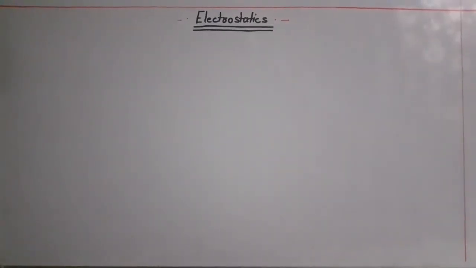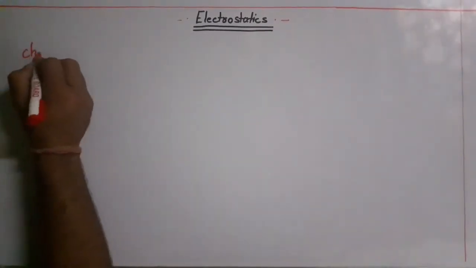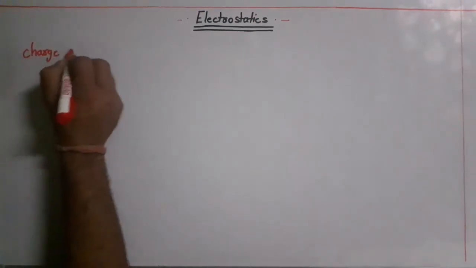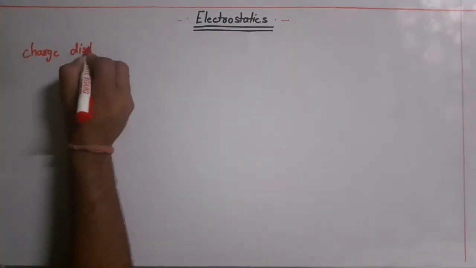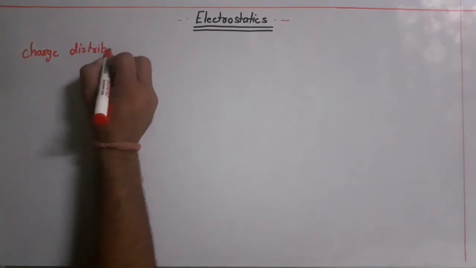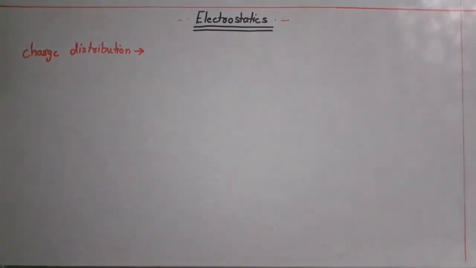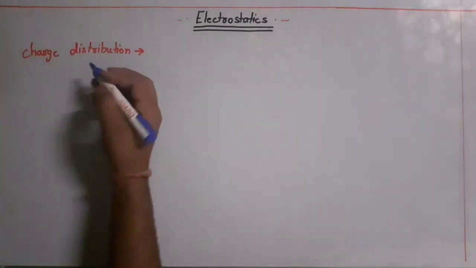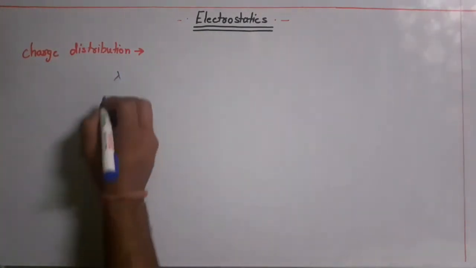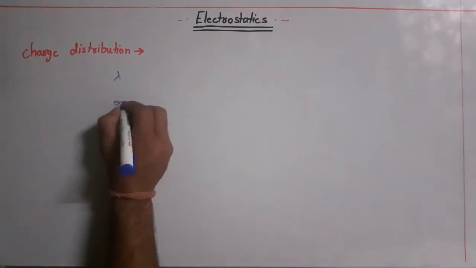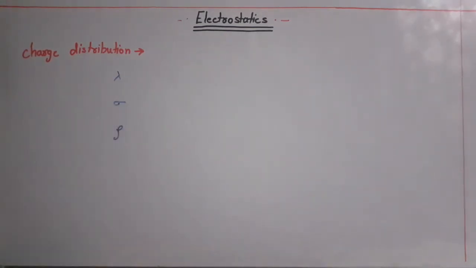Our next topic is charge distribution. So what is charge distribution? Charge can be distributed over a line, over a surface and over a volume.